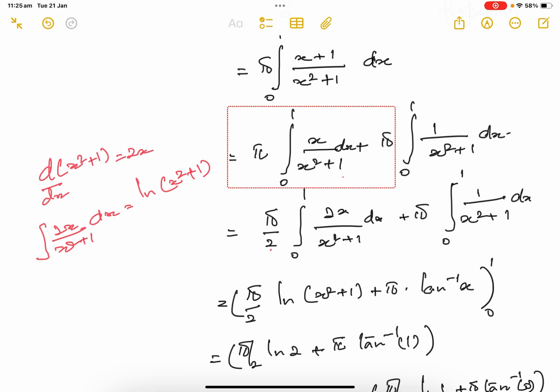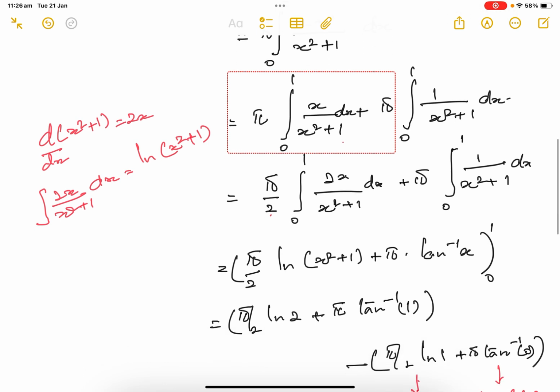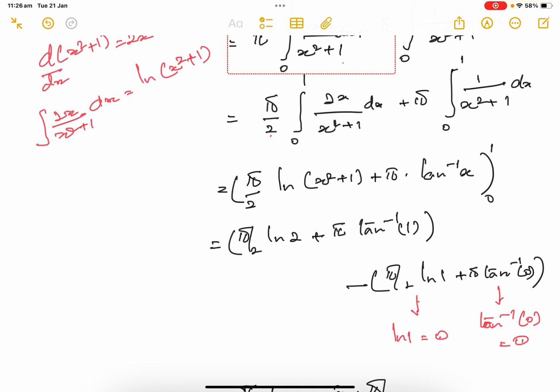So π over 2 log of (x squared plus 1), plus π times the next one. 1 over (x squared plus 1), or 1 over (1 plus x squared), is a standard form, tan inverse. Students should know about it; if you don't, just look it up. So the integral of 1 over (x squared plus 1) is tan inverse x.